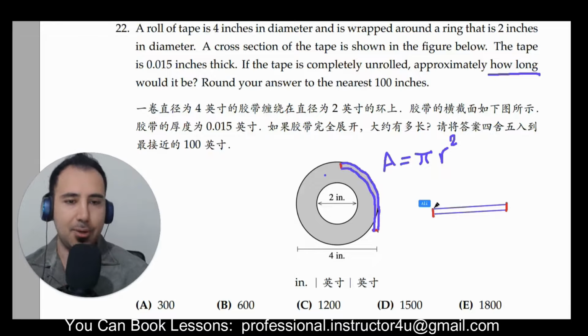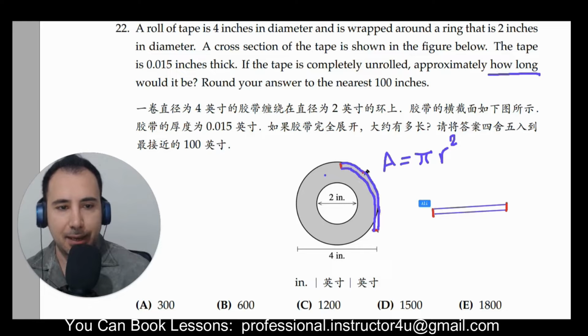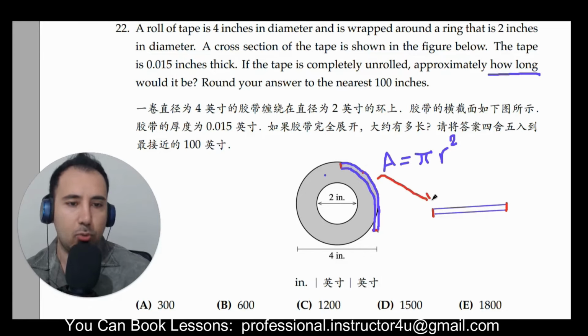So look what happened here. This amount is equal to a rectangle. And the red ones are matching. So the red one in both cases would be 0.015. And then you have to visualize this.